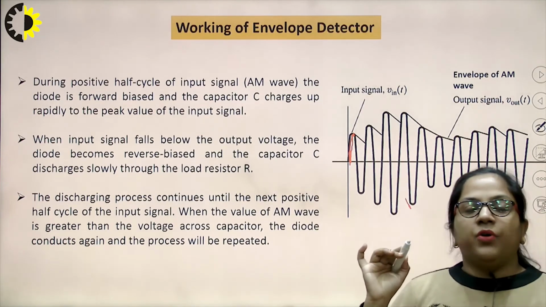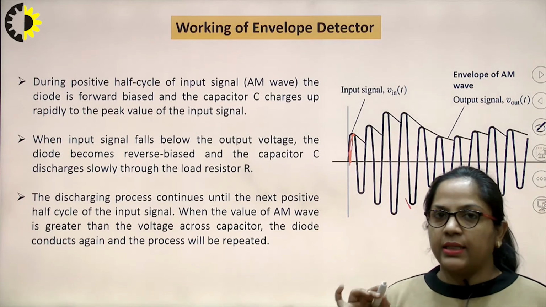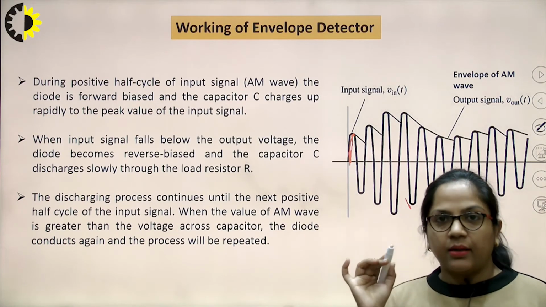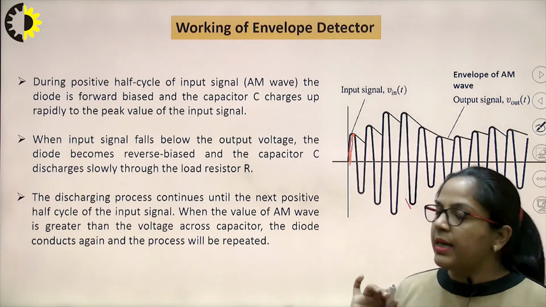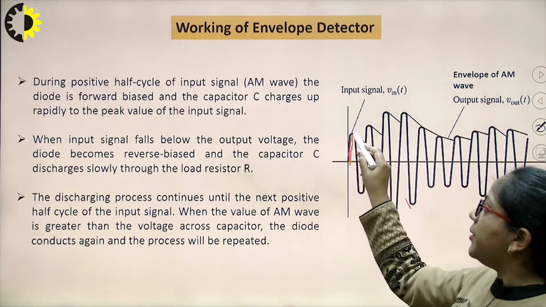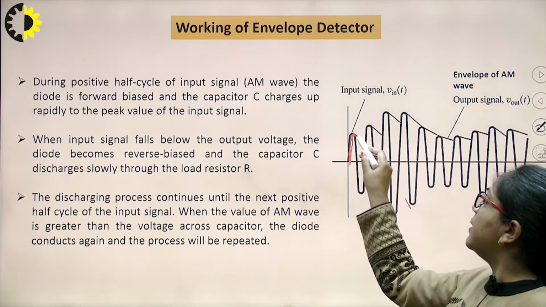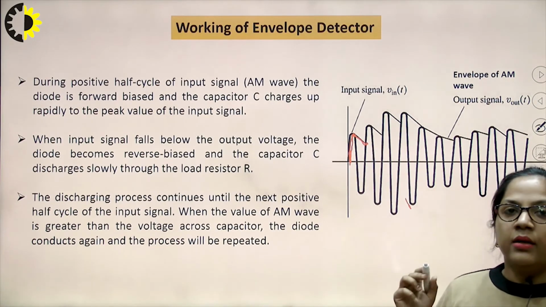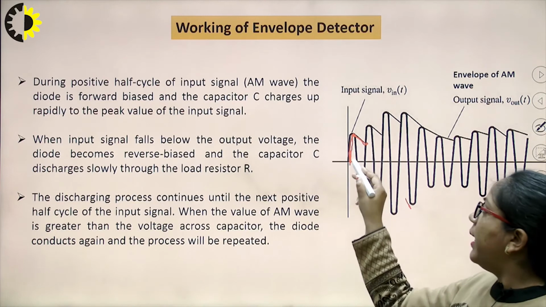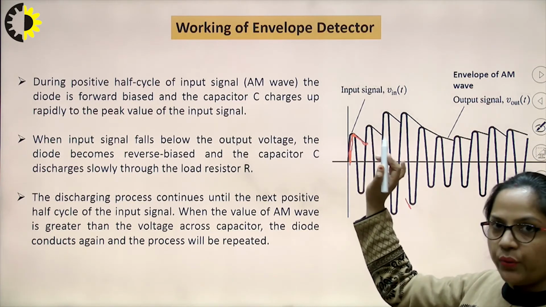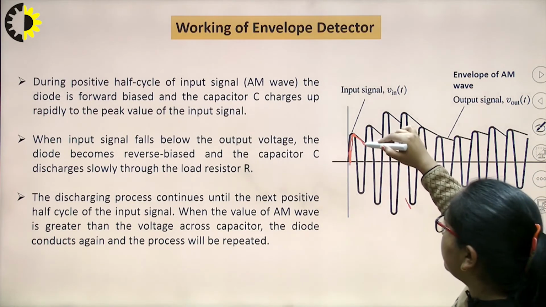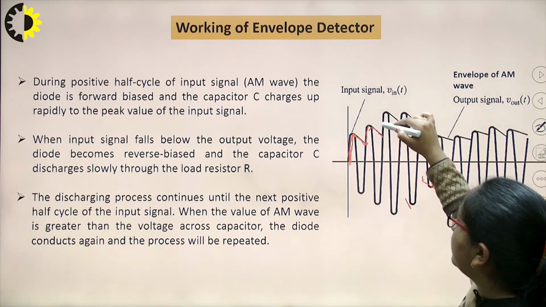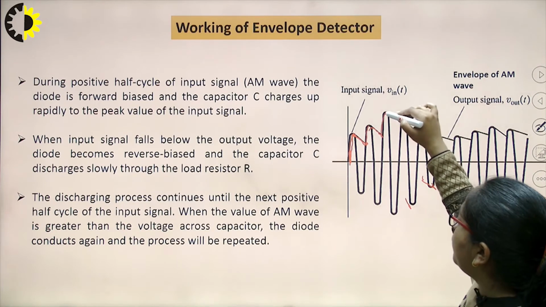When the input voltage is lesser than the voltage across the capacitor, then the diode will become reverse biased and the capacitor will start discharging. This is the discharging of the capacitor. The discharging of the capacitor should be gradual and the charging of the capacitor should be quick. So, in this way the capacitor will keep on charging and discharging depending on the value of input voltage.